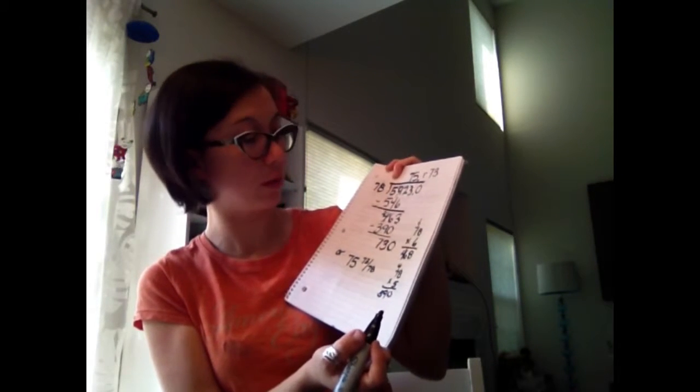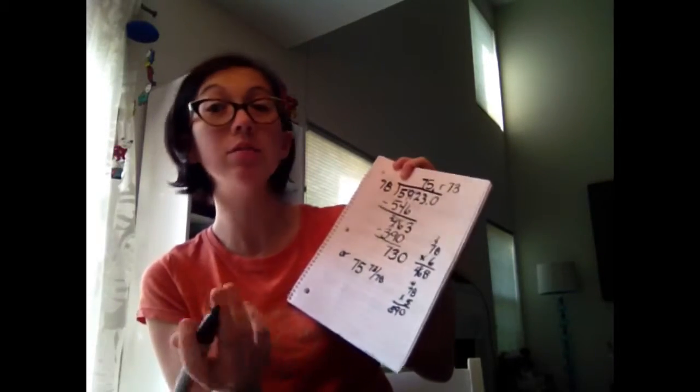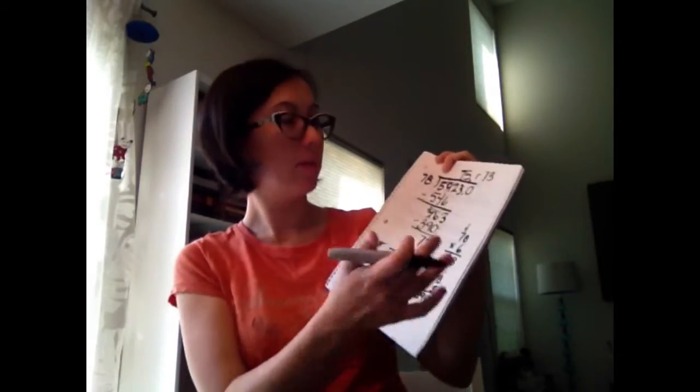Probably, oh, it's more than 7, it's probably 0.8 something, right? The point is, we don't have to do it right now. That wasn't part of the question or anything like that, but we can. The point is we can. And you can do this with groups. You could keep track on this side with how many groups you have as you're subtracting, but I think it might be a little bit hard when I get into 73.0, because I'm going to have to keep track of groups that are not whole numbers.